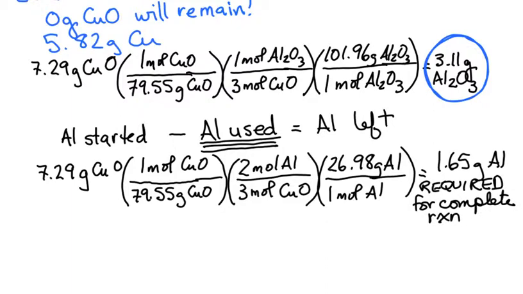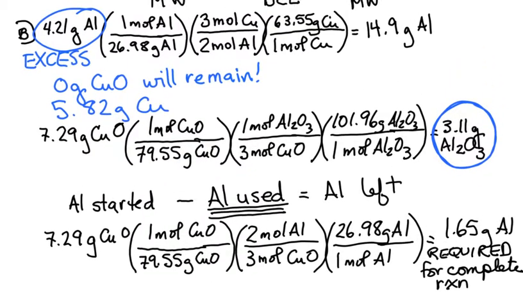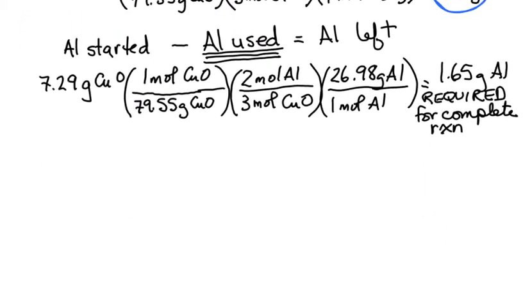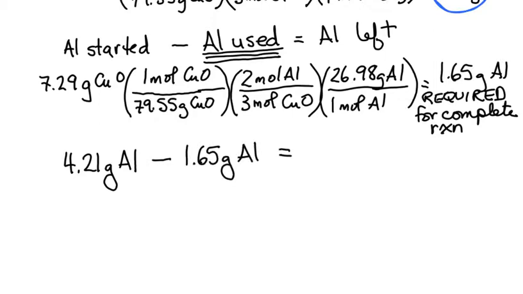So how much is left over? We started with 4.21 grams of aluminum. We used up 1.65 grams of aluminum. So the leftover amount is 2.56 grams.